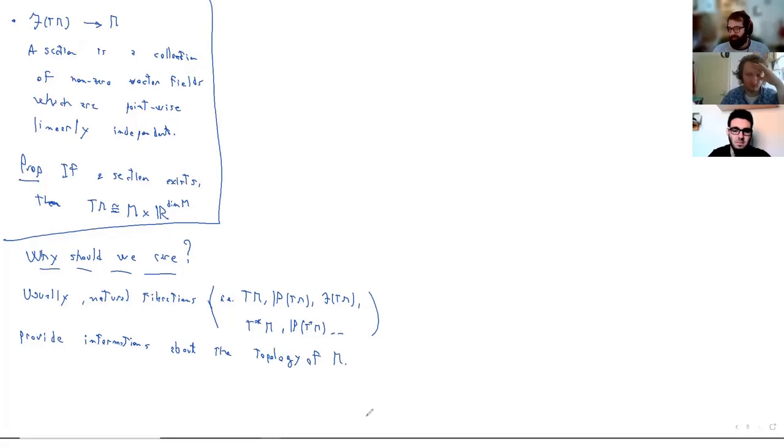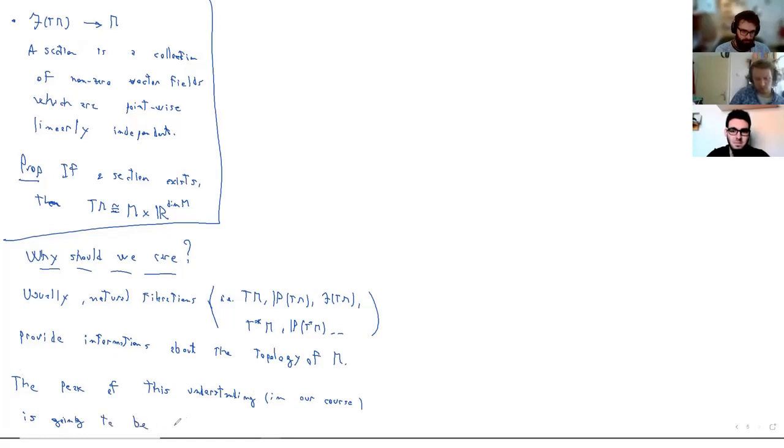And I think the peak of this understanding of how fibrations relate, in our course, is going to be de Rham cohomology, actually not only de Rham cohomology, but cohomology in general.